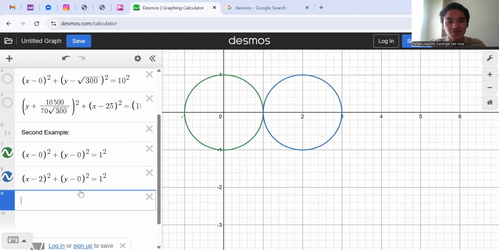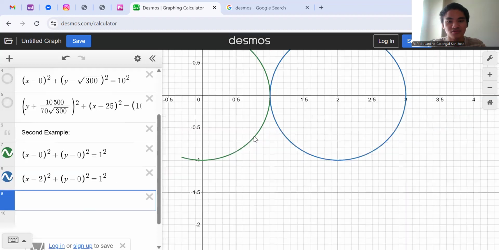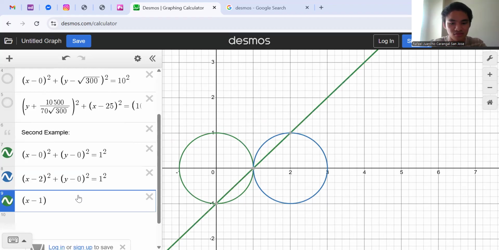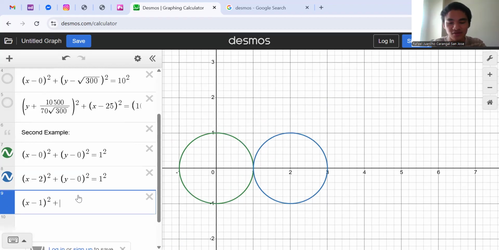Then my other one would be somewhere above here, maybe, so a center of one. I don't know, just to make it look nice. This one's maybe like two, and then my radius is one. That one looks like it has a solution.